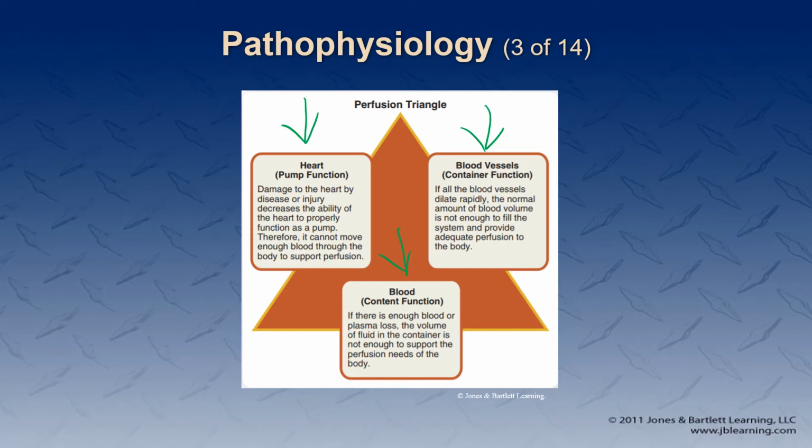Right? So damage to the pump through things like disease, heart attack, trauma can decrease the output from the pump. Loss of blood or a problem with the oxygen carrying capacity of the blood can result in shock, or massive dilation or overconstriction of the vessels can result in under delivery of oxygen and under clearing of waste.